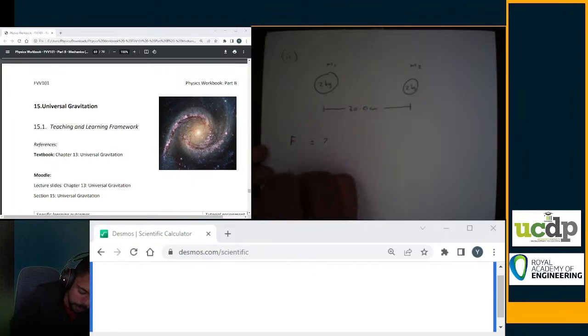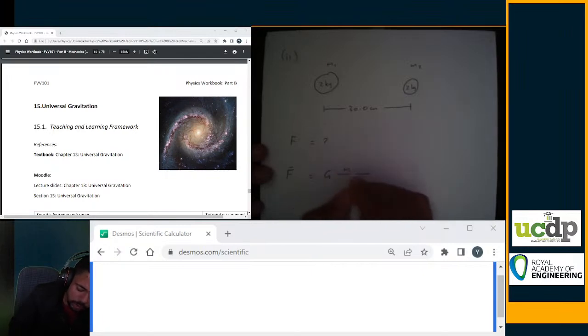Okay, so how do we go about calculating the force? F is equal to G times M1 times M2 over R squared, which is the distance between them squared. Now G, we know, is 6.67 times 10 to the negative 11 times the product of their masses, which is 2 kilogram times 2 kilogram over the distance squared.